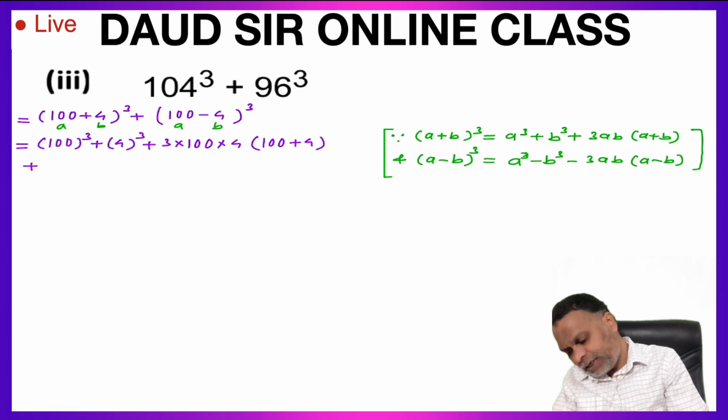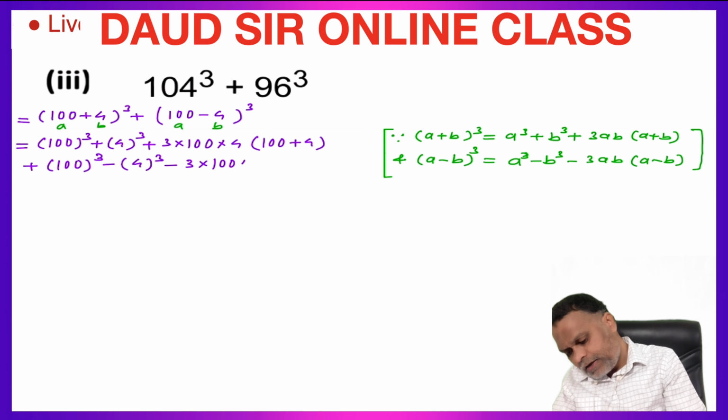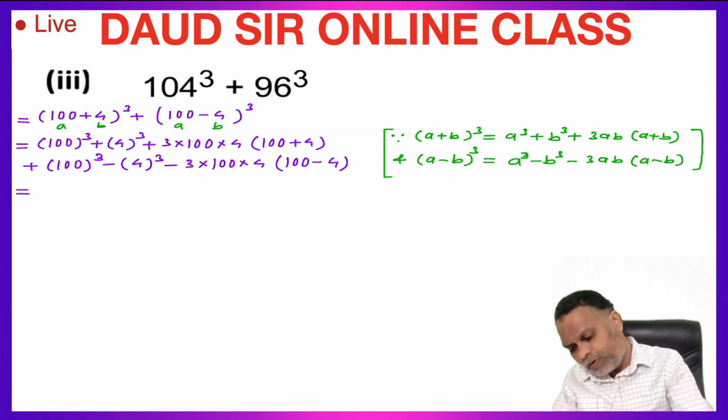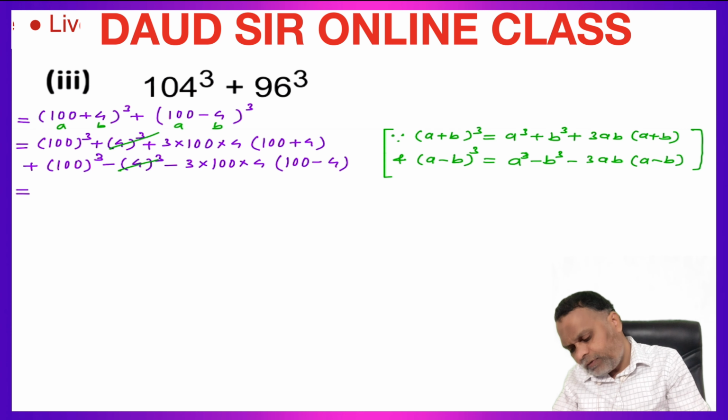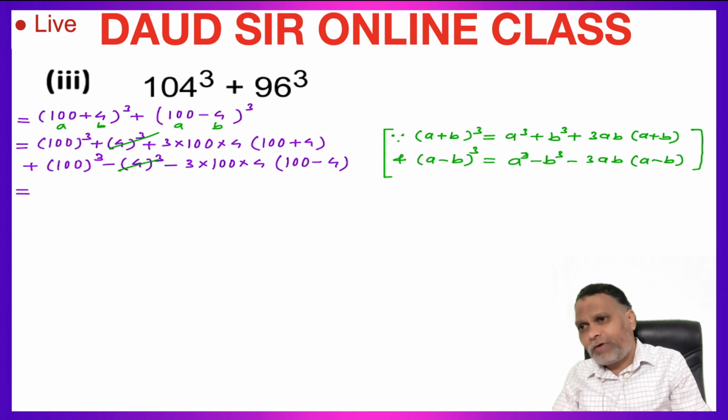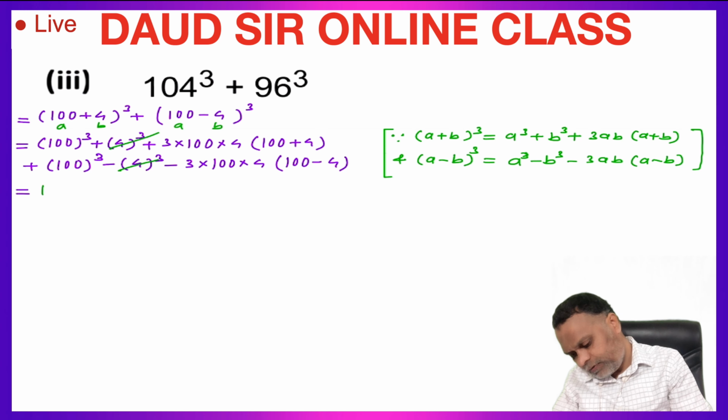plus a minus b whole cube, 100 cube minus 4 cube minus 3ab into a minus b, 100 minus 4, which is equal to: this 4 cube cancelled, positive negative. 100 cube, 100 into 100 into 100, 3 times, so 60.